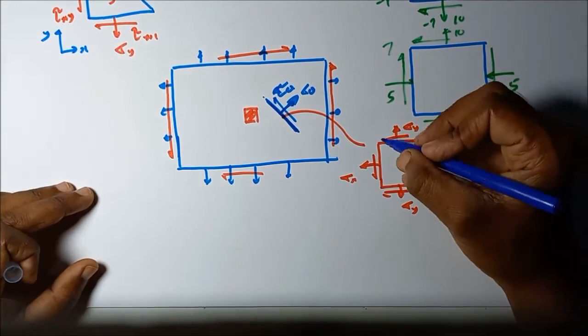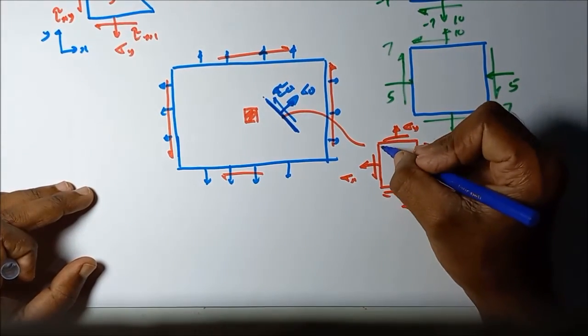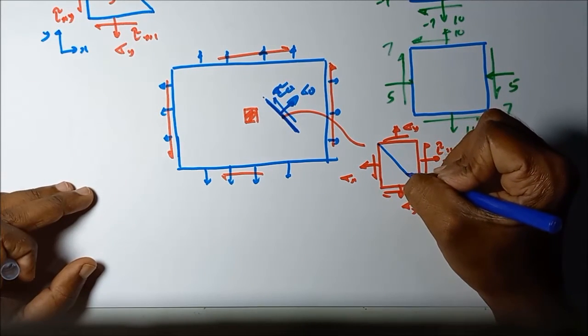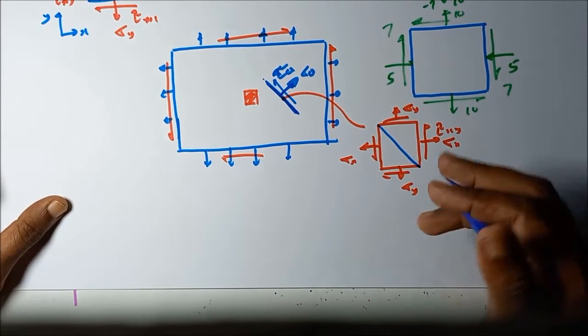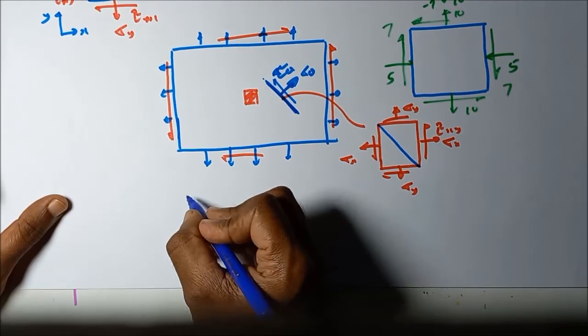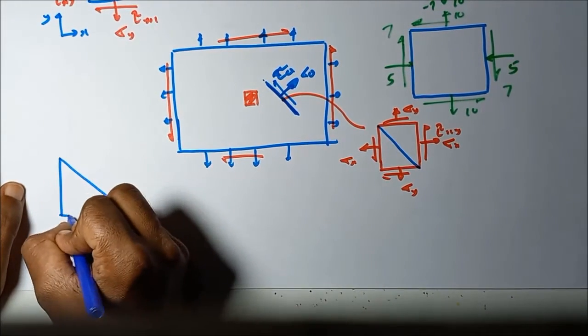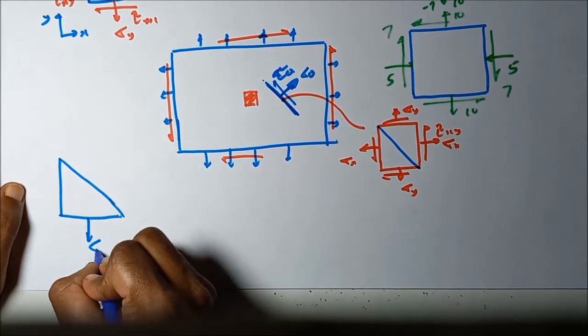That means this is the taken stress element, this is the considered point, and we split this stress element along the diagonal line. So then we have this kind of triangular shape stress element.